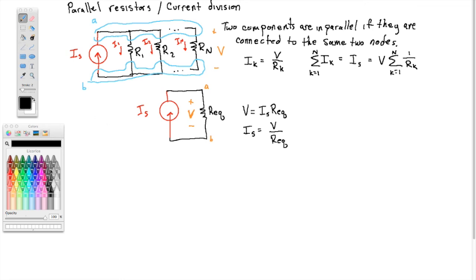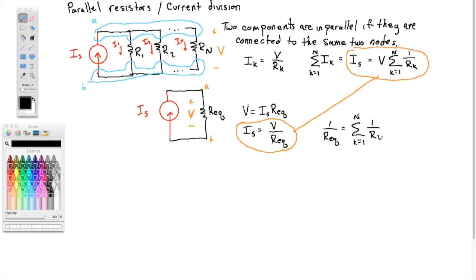But remember how we started this analysis. IS must be the same in both pictures, and V must be the same in both pictures if we're going to have an equivalent resistance. So I can set these two things in orange equal to one another, and the V's drop out. What I get is 1 over REQ is equal to the sum from K equals 1 to N of 1 over RK.